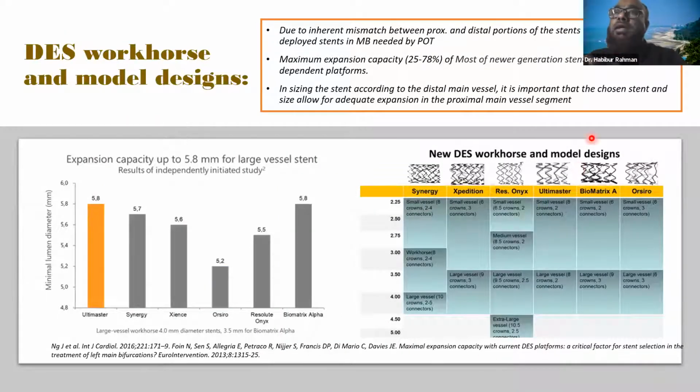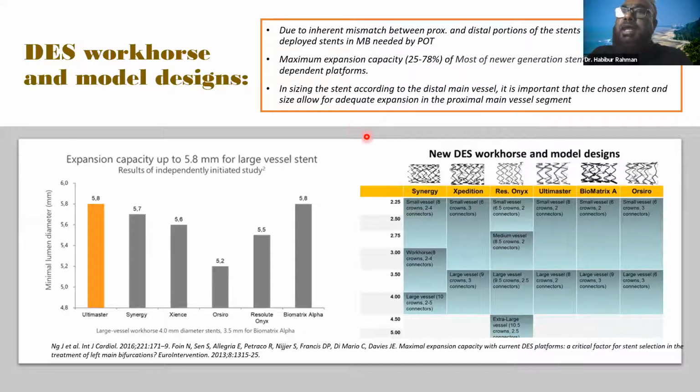So another important issue I'd like to discuss, that is already mentioned by Professor Saidur Rahman. Newer generation stents have the advantage of overexpansion. Due to inherent mismatch between proximal and distal portions of the vessel, overexpansion by POT is needed. The maximum expansion capacity may vary in newer generation stents from 2.5 to 7.8 percent.